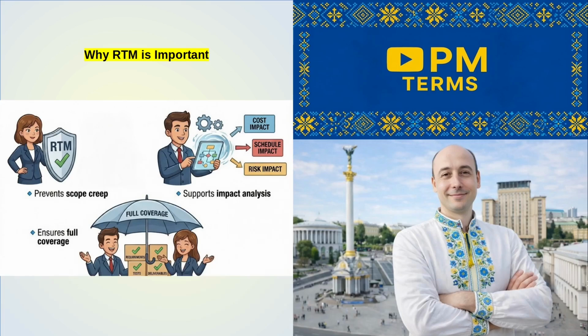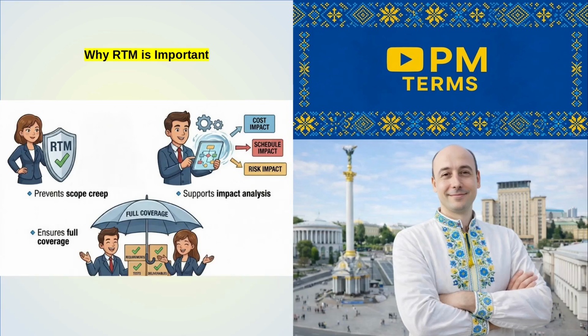Why is RTM important? RTM protects us in three critical ways. First, it prevents scope creep. If a feature is not in the RTM, it doesn't belong in the project. Second, it supports impact analysis.